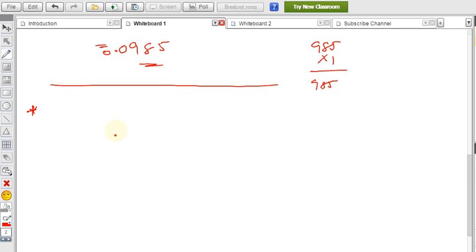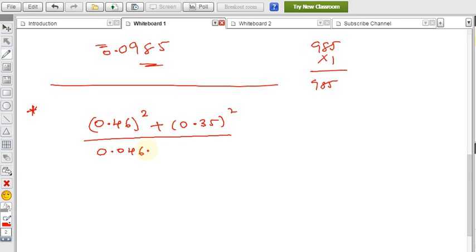Right, question: 0.46 whole square plus 0.35 square, by 0.046 whole square plus 0.035 whole square.